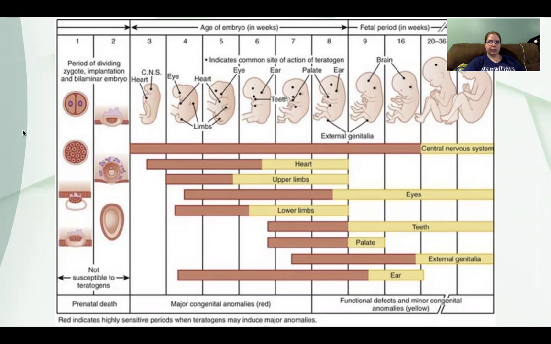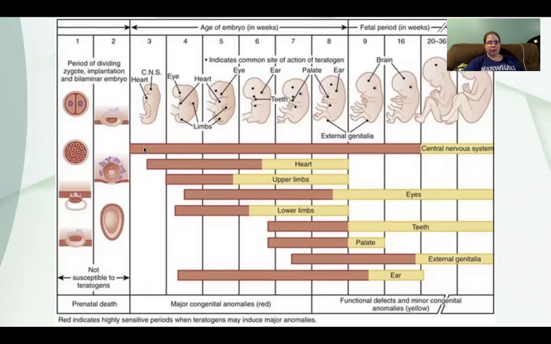So you can see the age in weeks at the top. And you can see red indicates a highly sensitive period, whereas the yellow is not as much.